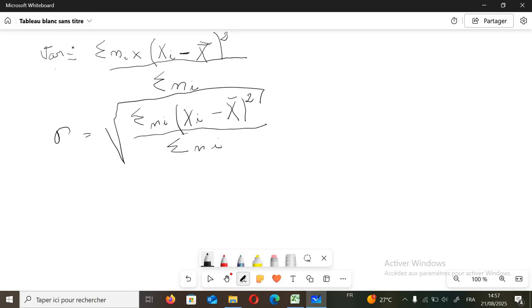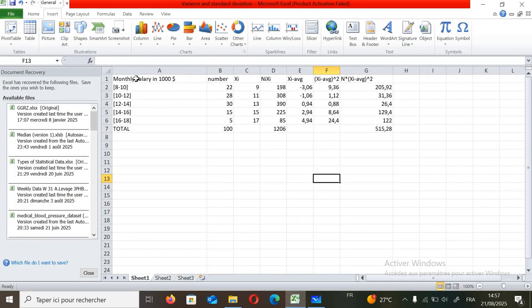Okay, so I'm going to explain how we're going to calculate this in an Excel file. Here we have the monthly salary and here we have the number. The first thing we're going to do is quantify the character, which is the monthly salary.